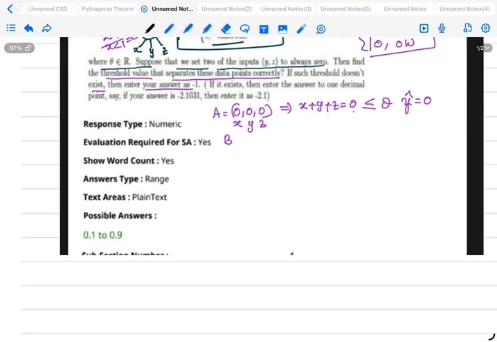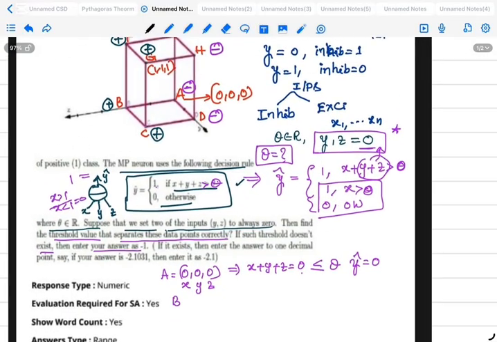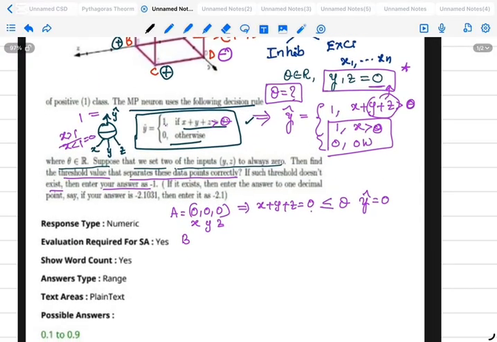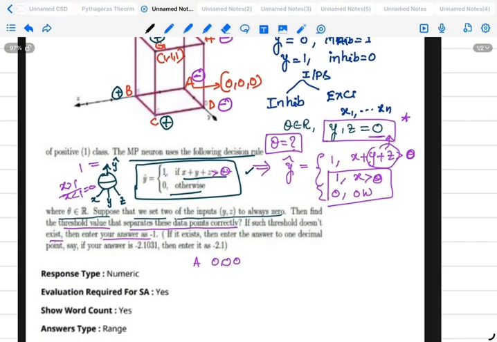first we write all the 8 data points. So A is 0 0 0. This is the unit cube, every distance is 1.